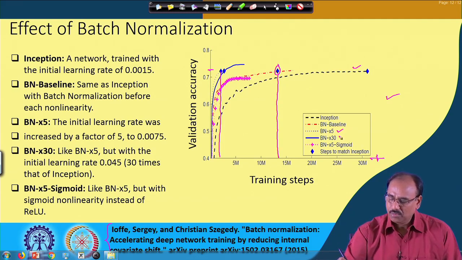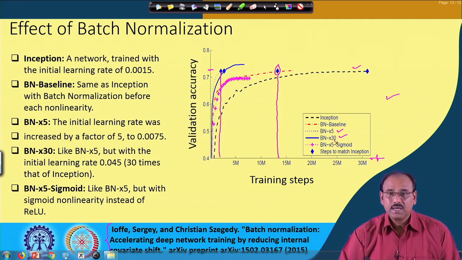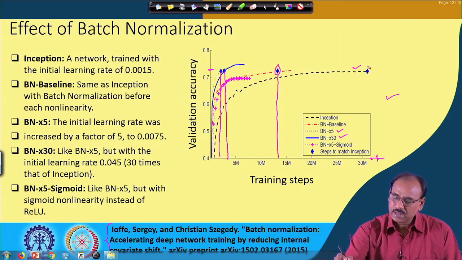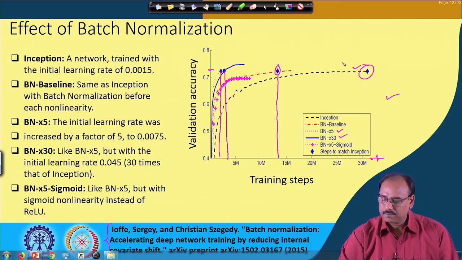Similarly, with a learning rate of 30 times 0.0015, the number of iterations required is much less compared to the case when no normalization has been applied.